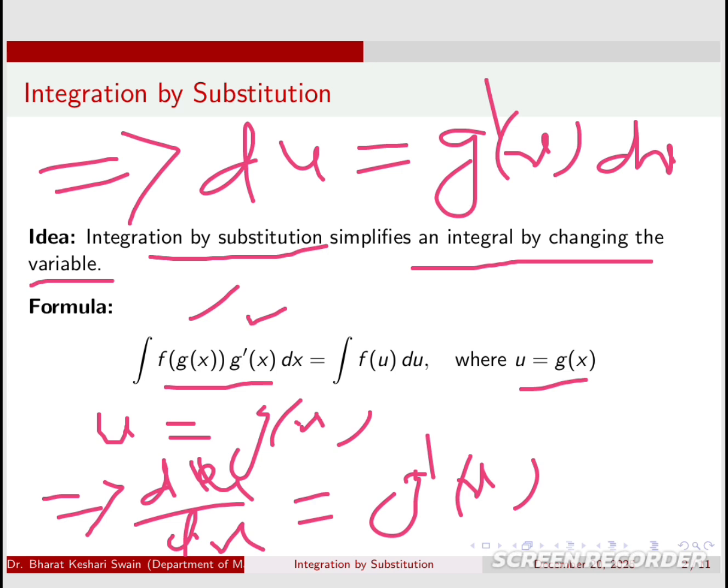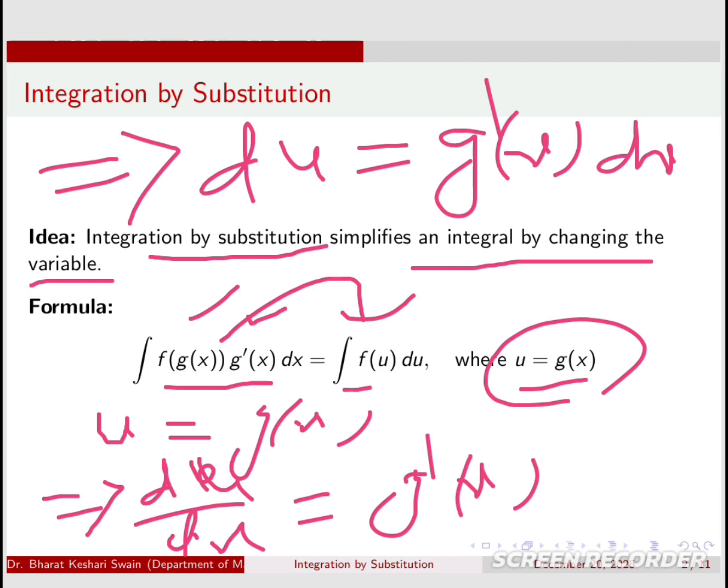So therefore, your integral will be reduced to f of g(x), because we put u equal to g(x). The value of g(x) is u, so this will be f of u.